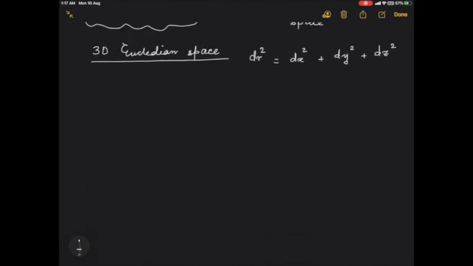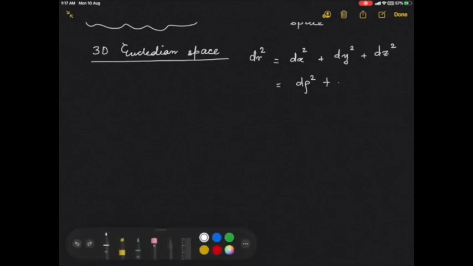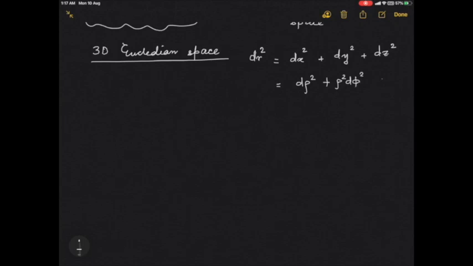In 3D Euclidean space, the same distance I can write as d rho square plus rho square d phi square plus dz square. That's the cylindrical polar coordinate system.